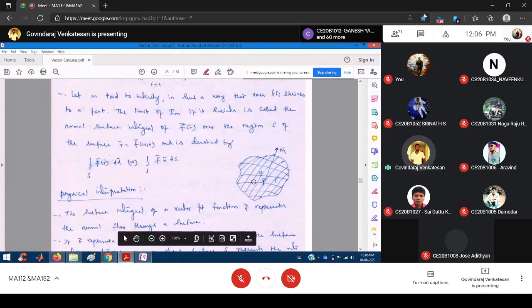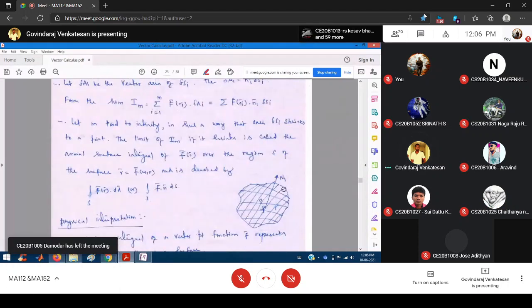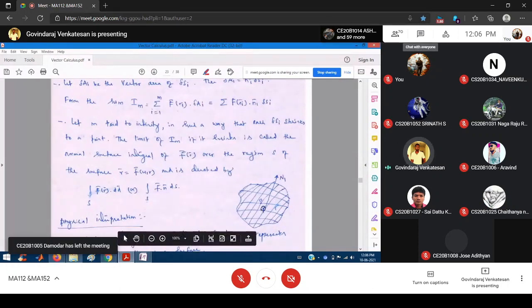So I divided the surface into m subregions, and each area is delta Si, where i runs from 1 to m. Okay.